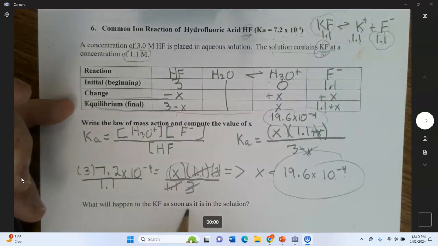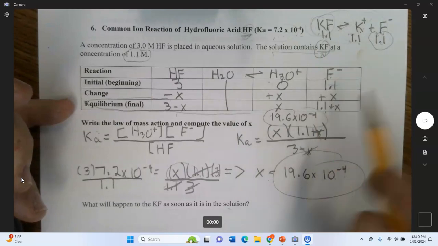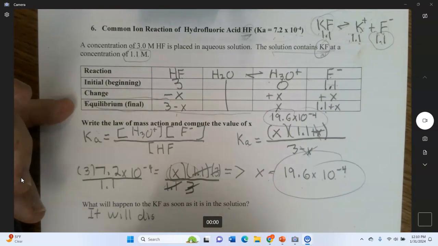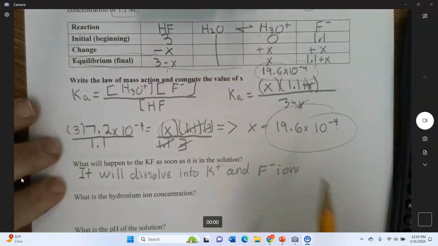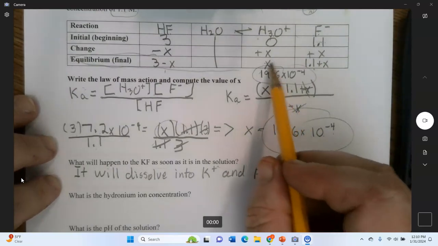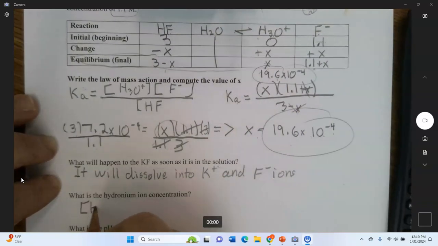So what will happen to the HF as soon as it enters the solution? It's going to dissolve. It's going to break into K plus and F minus ions. Okay. All right, and what is the hydronium ion concentration? Well, x, it's whatever x is, and x is this. So it's this.